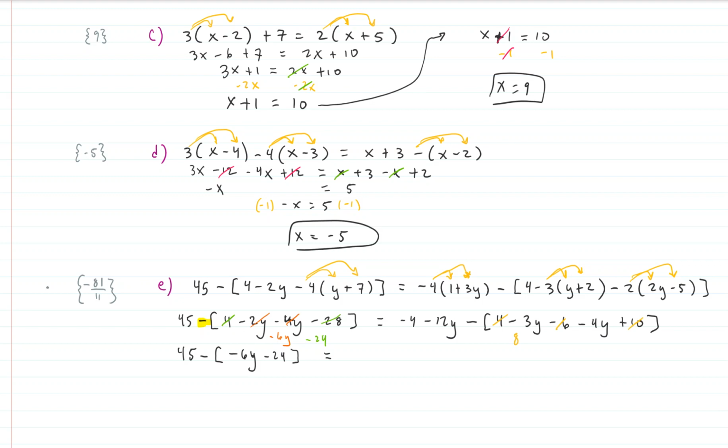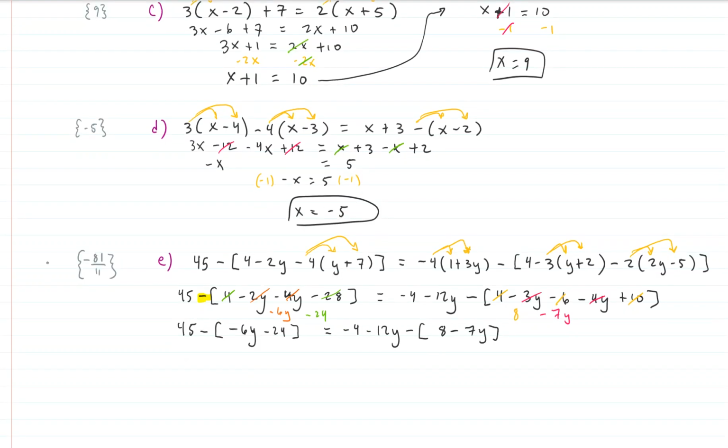And then we have negative 3y and negative 4y, which give us negative 7y. All right. So writing down the right-hand side, we have negative 4 minus 12y. We've got a negative in a square bracket, and inside the square bracket we have 8 minus 7y. It's looking a little bit better, right?